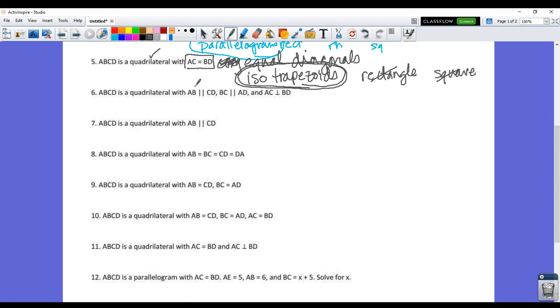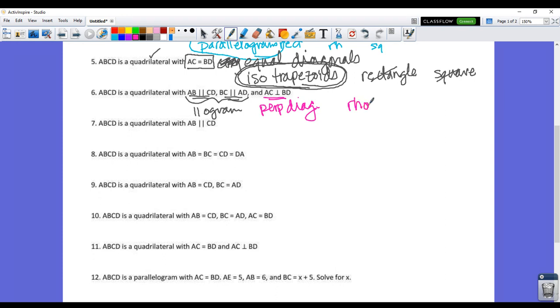Okay, quadrilateral with, well, here we have some parallel sides, right? So it's definitely a parallelogram. And this one says that the diagonals are perpendicular. So think about the parallelograms that have perpendicular diagonals.